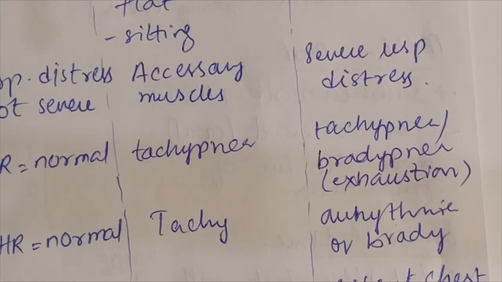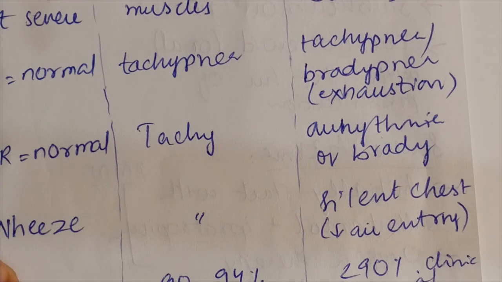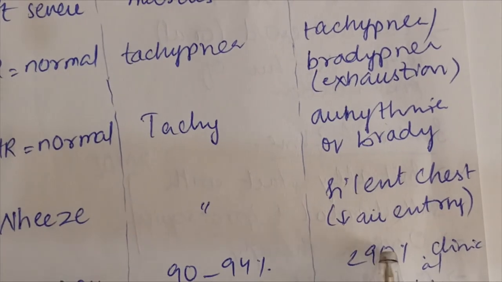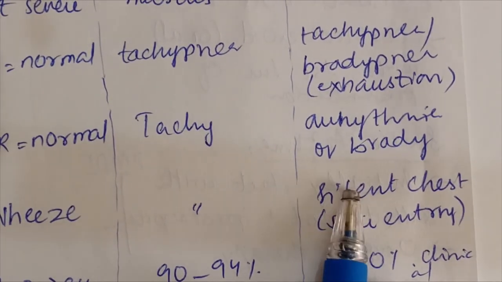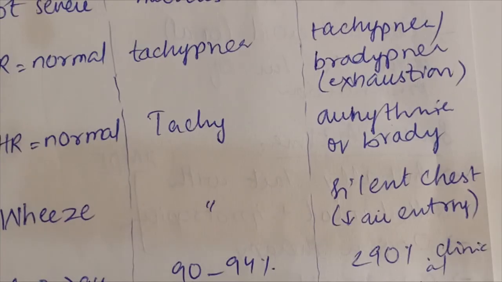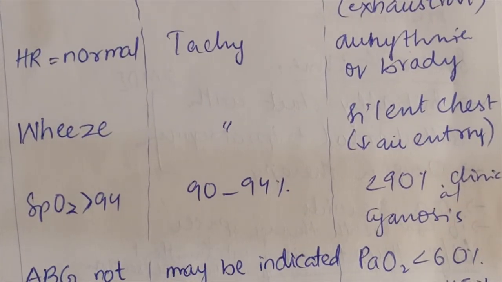There would be severe respiratory distress, tachypnea, or bradypnea due to exhaustion, and arrhythmia or bradyarrhythmia can also be there. Silent chest is a very bad sign for asthma, because there is decreased air entry. The SpO2 is less than 90%, and clinical cyanosis can also be there.